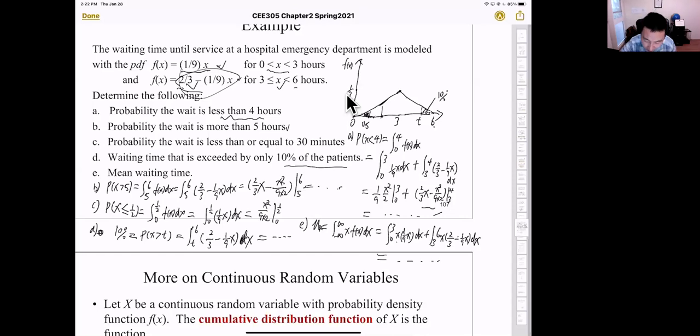Yeah, so this part will be 10%. So 10% of patients waited more than T. But we don't know what T is now, so based on the 10%, we figure out what time T is. That is part D.